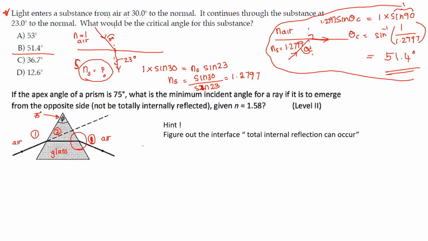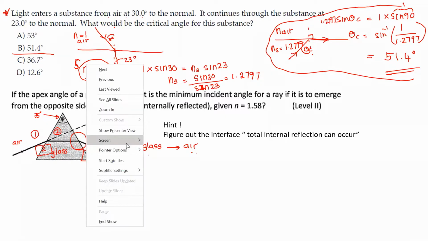Why? Because here your light is going from a denser medium to a rarer medium, so dense to less dense. So I will call this surface 1 for now. This is your main surface that you have to figure out first. Once we figure this out, then we can go to this one. Okay, let me erase a little bit.